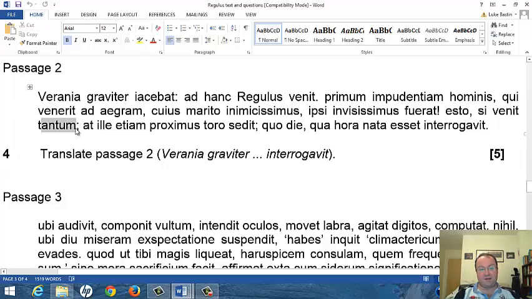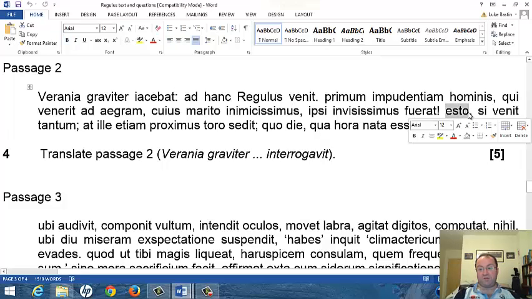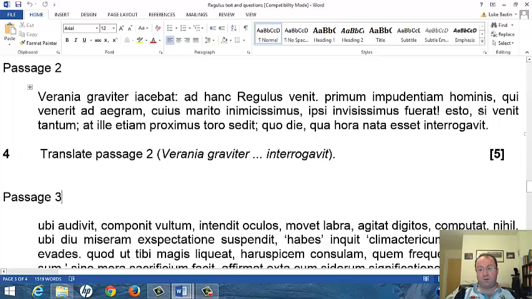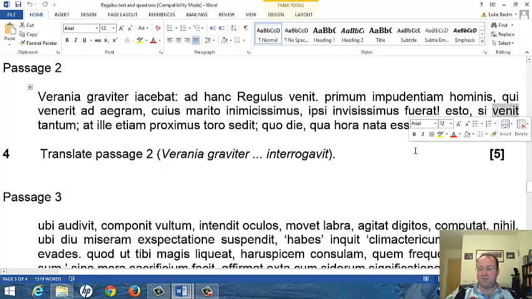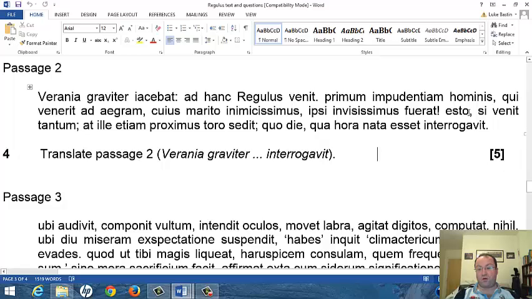Tantum again is being used as an adverbial phrase. It means only. Okay. So esto, granted. Si venit tantum, if he had only come. And actually venit is perfect tense there, so maybe came would be slightly better. So granted, if only he came to visit her.